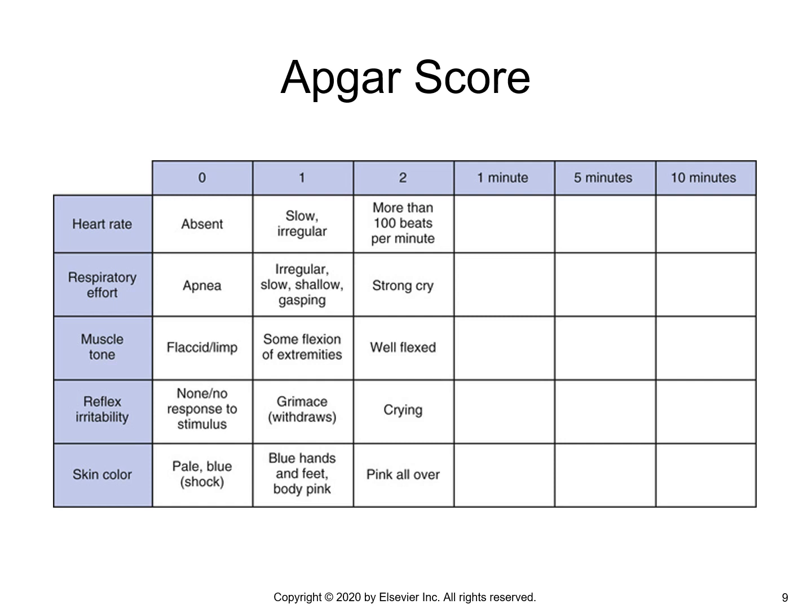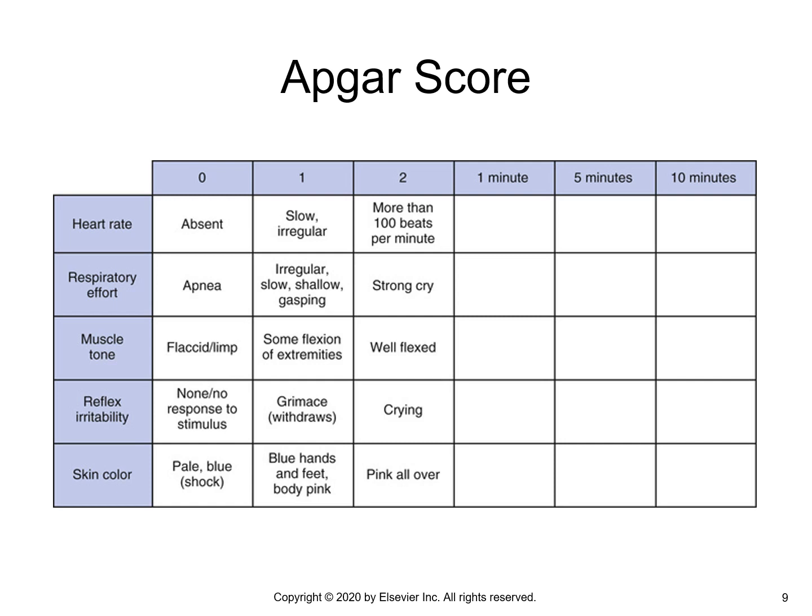The APGAR score, like I said before, is a way for us to easily transmit information between one another. If you think of it similar to the Glasgow Coma score, it's a number that's associated with how well the baby's doing at certain points after delivery.